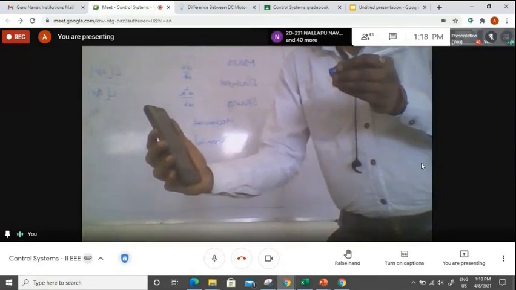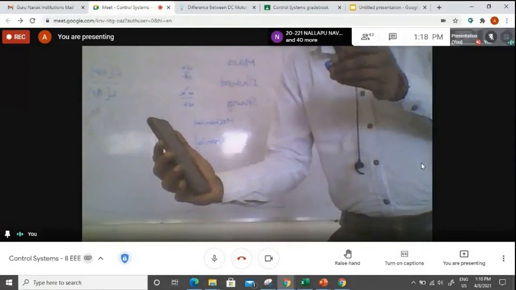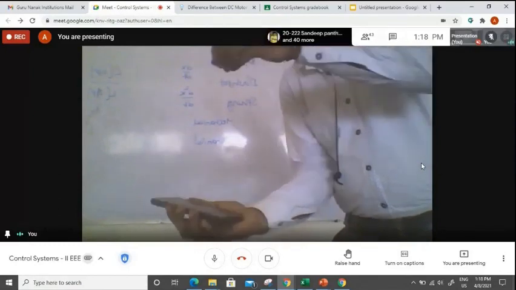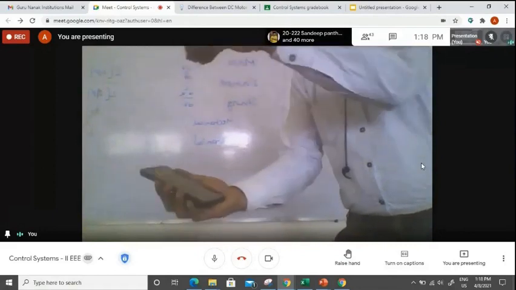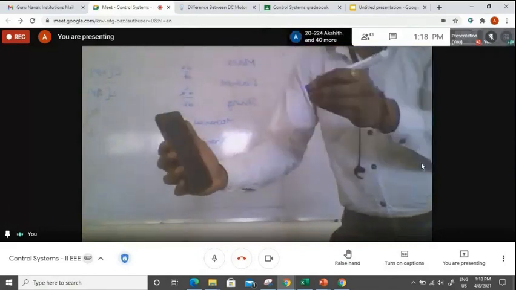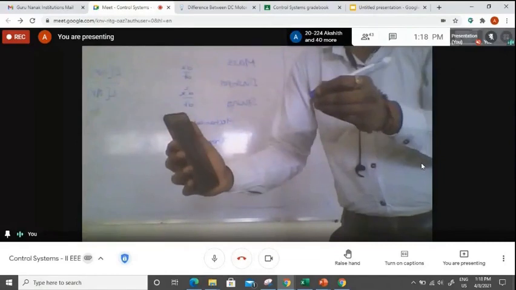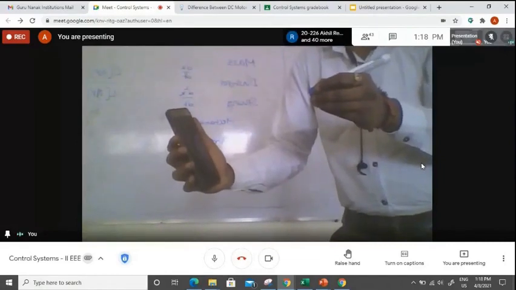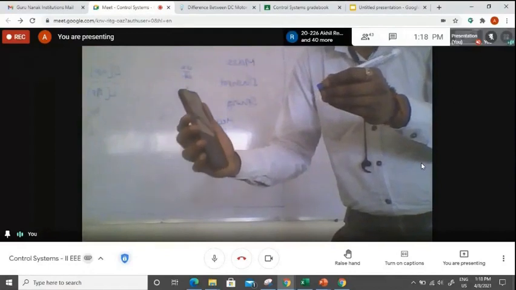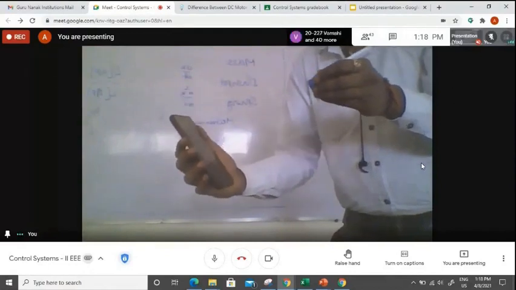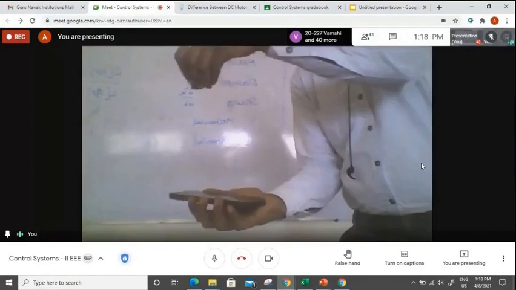Whereas in case of solar tracker, if the sun is moving like this, the panel is also moving like this. So at any instant of time, the panel and sun maintain 90 degrees, perpendicular. So here it is used to control the position. Initially the solar panel position is like this. When the sun moves, the panel also moves according to the sun's direction.